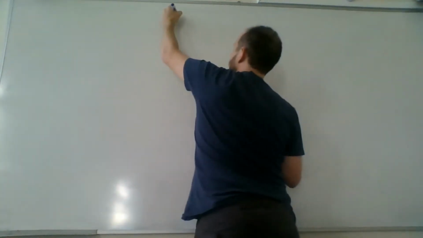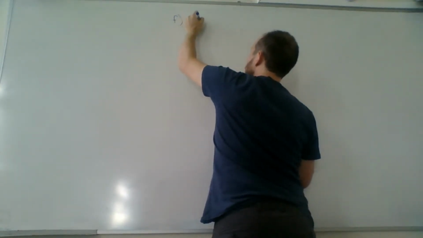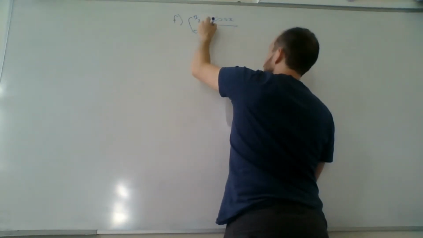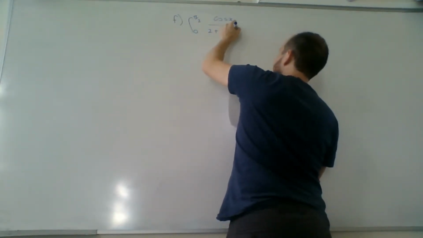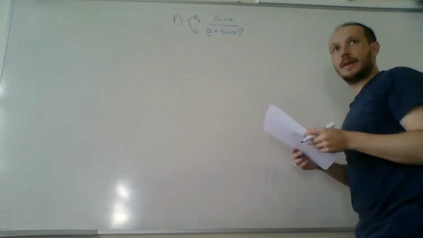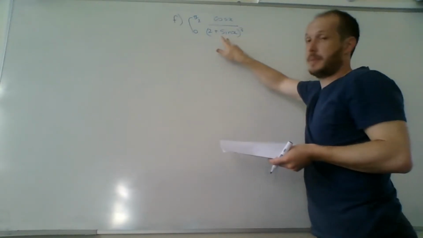Alright, part F. So we've got the integral from 0 to pi on 2 of cosine x over 2 plus sine x cubed. Now again, we've got two options. We can either have this one to be u or this one to be u.